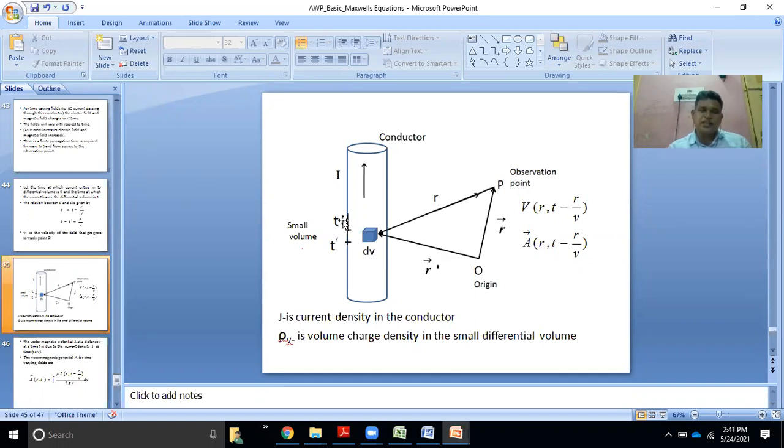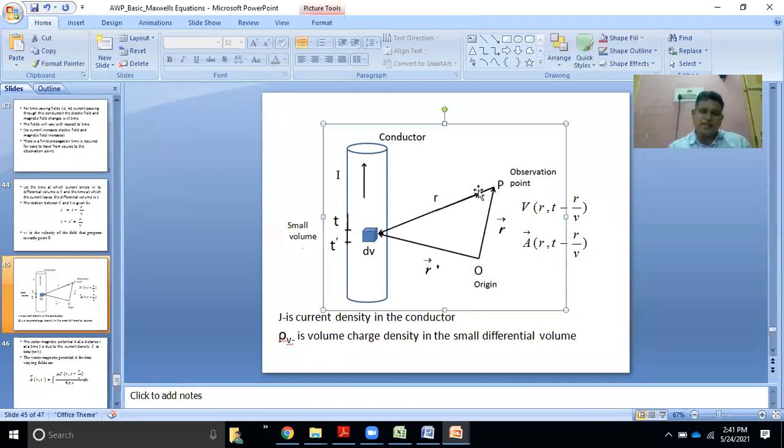T dash is delayed, but at time T we are able to measure that vector potential and scalar potential at point P. The effect of the conduction current density at T dash will result at this point at time capital T. In other words, there is a propagation delay of the electromagnetic waves as they travel from the source to the destination.